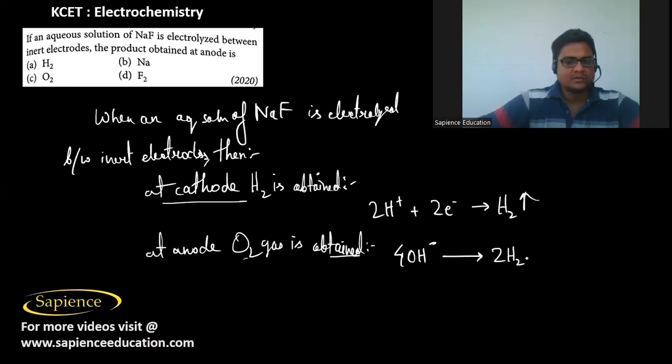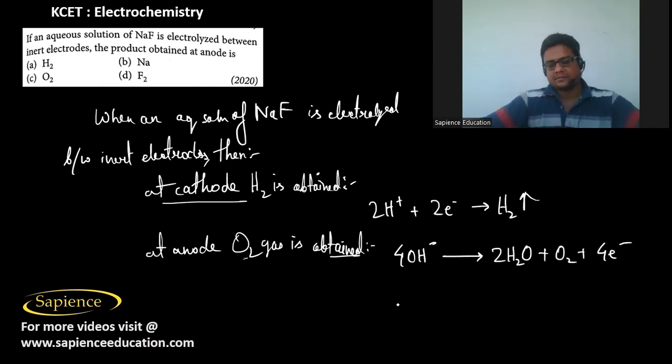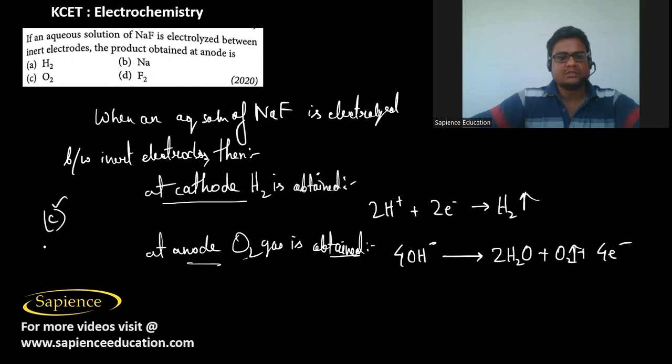So it will form 2H2O plus O2 plus 4 electrons. So here there is oxidation. Oxidation is happening, so O2 is obtained. So the product obtained at the anode is O2. So option C is the correct answer.